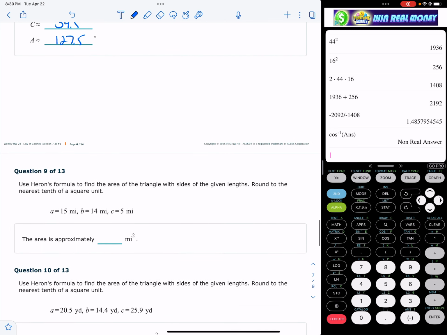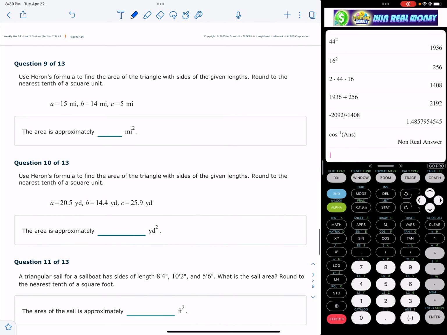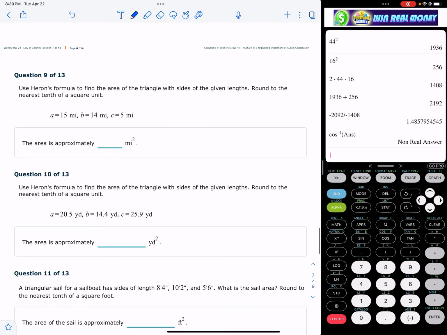Okay, so word problems. Or actually, Heron's formula. So we had the area formula in the last section, which is 1/2 ab sine C. What do you do if you're finding the area and you're given three sides and it's not a right triangle?